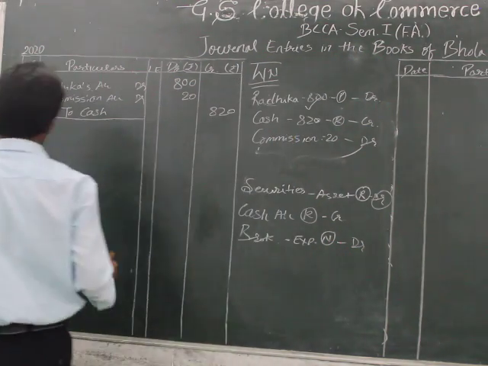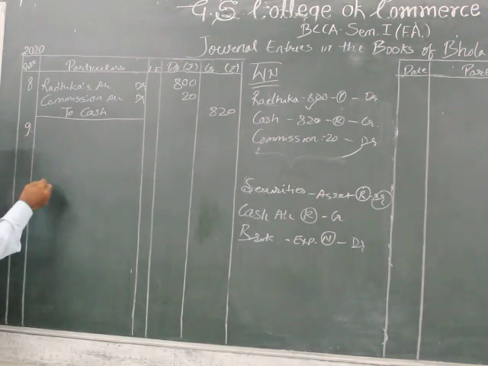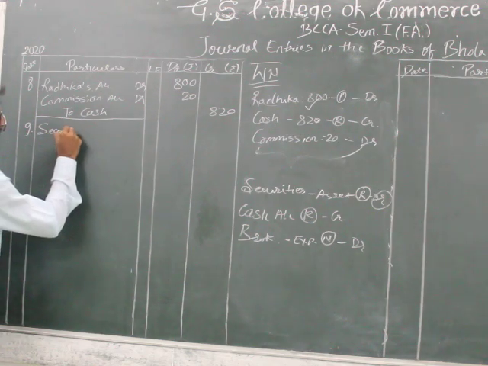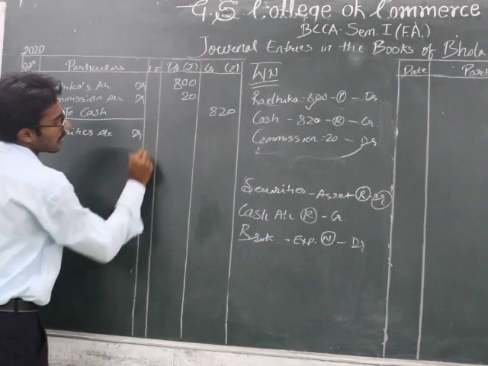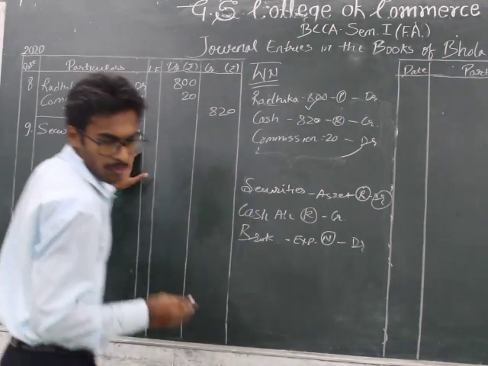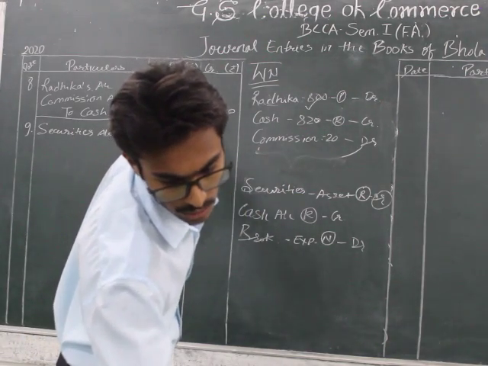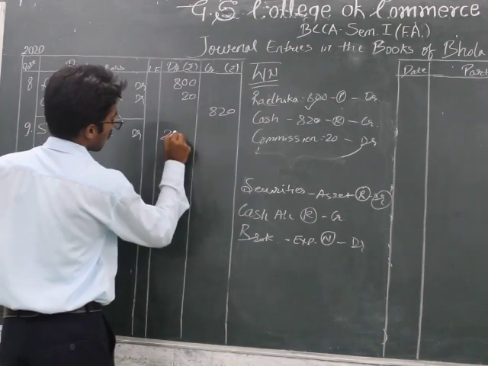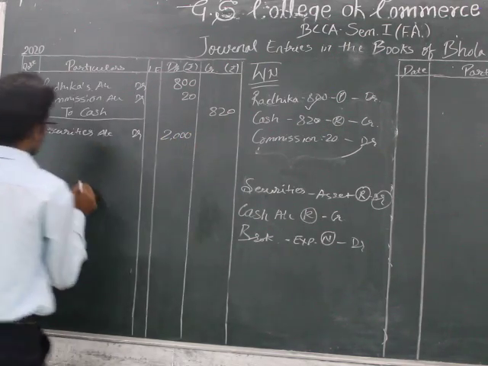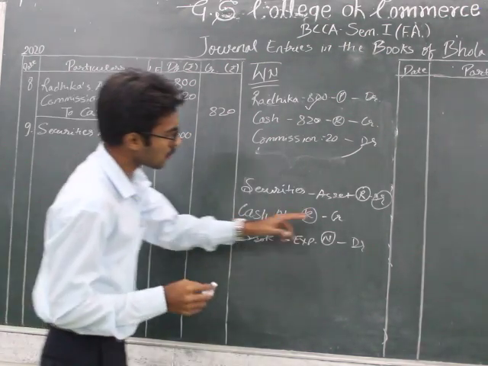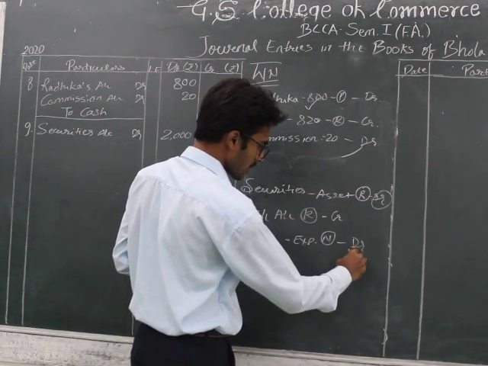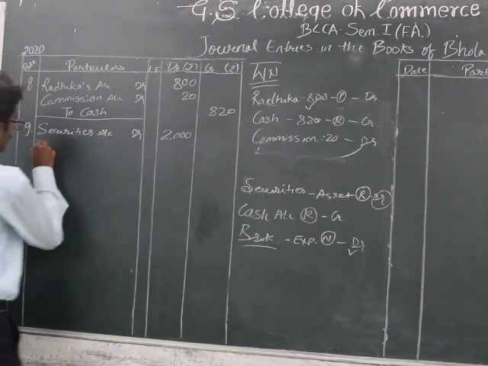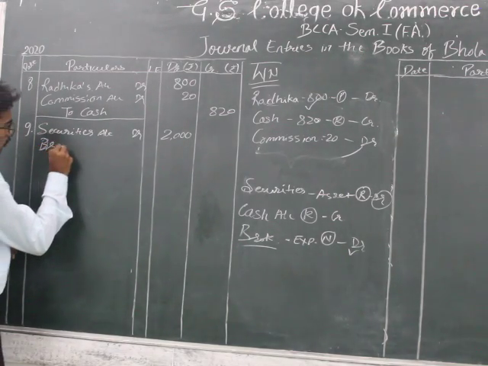And how can we write here? 9th, securities account debit, rupees 2000. And the other debit amount is brokerage.